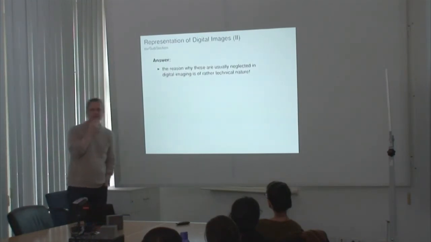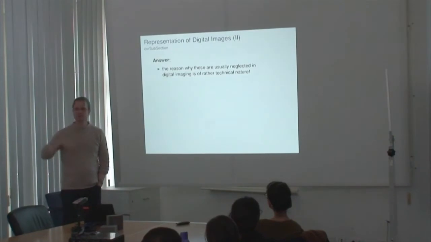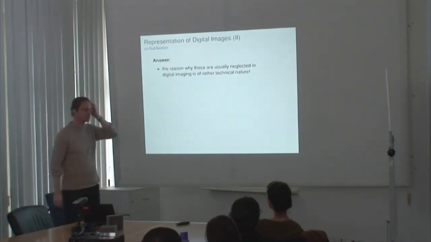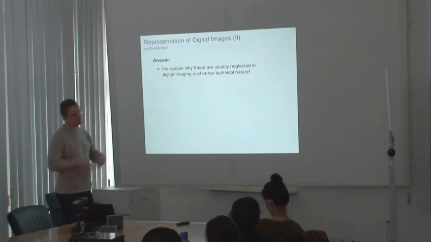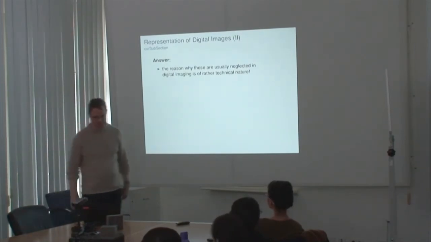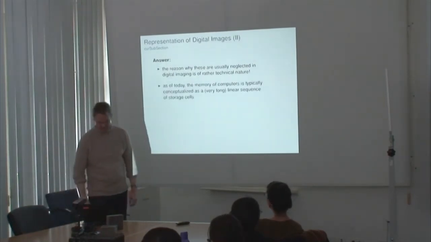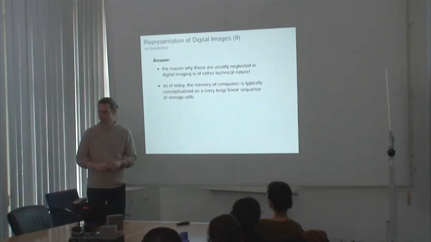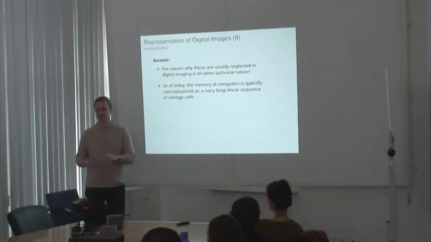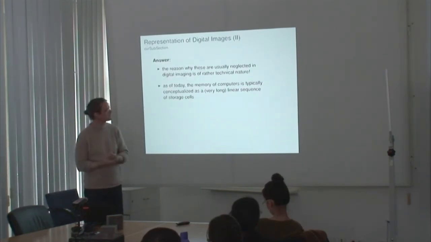The reason why humankind, or the producers of digital cameras, don't do this is not a matter of principle but technical. It is rather expensive to create such CCD chips. It can be done and is being done, but not for the consumer market.